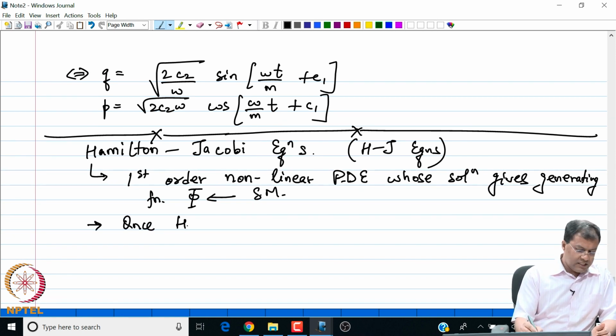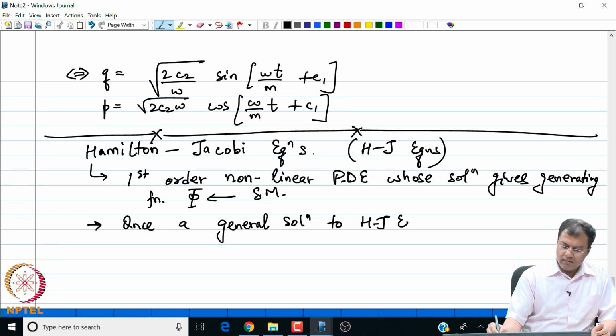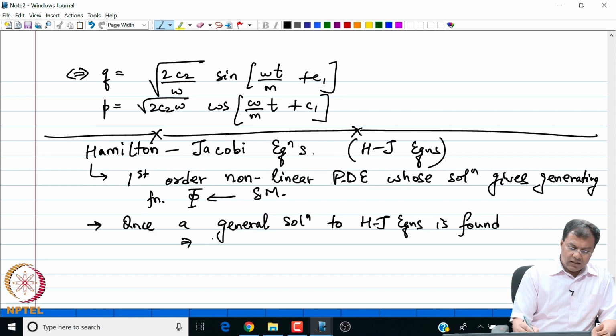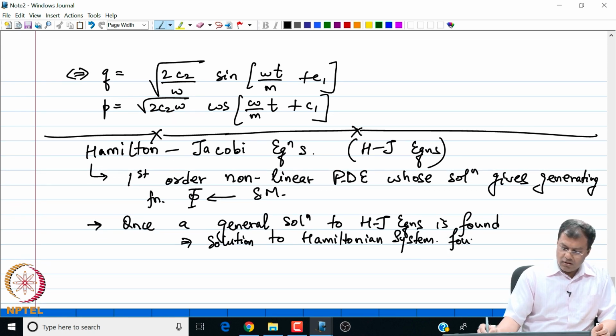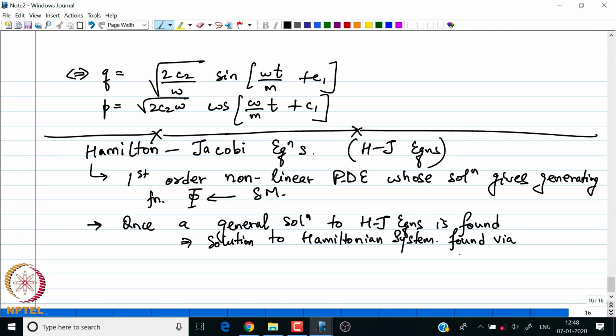Once a general solution to the HJ equation is found, then the solution to the Hamiltonian system is found via the generating function in the form of an implicit equation.